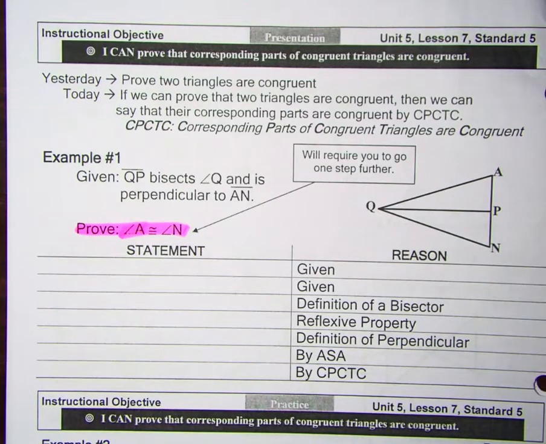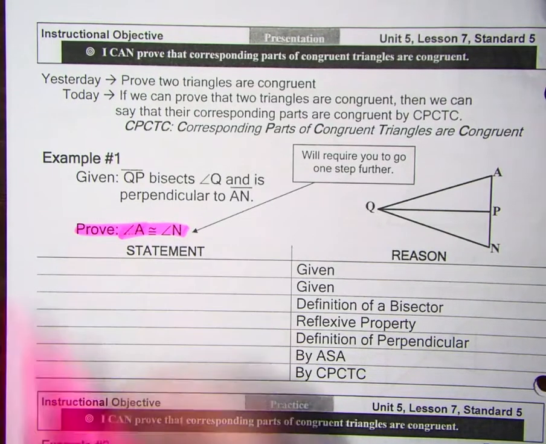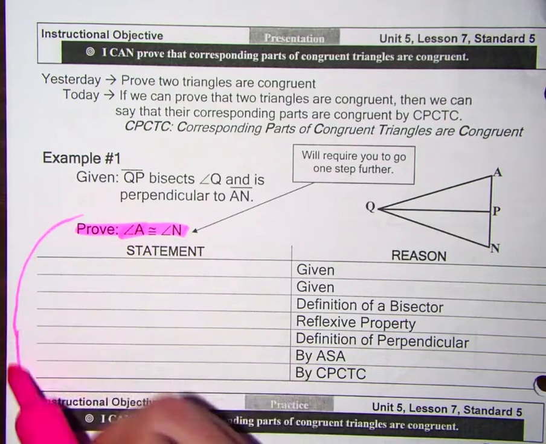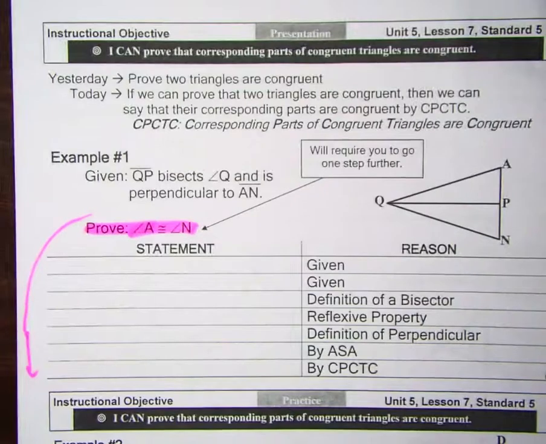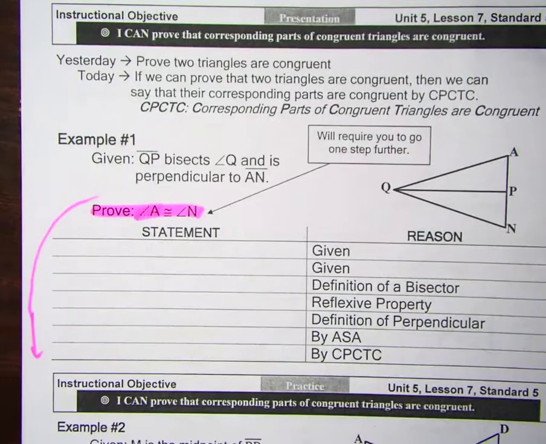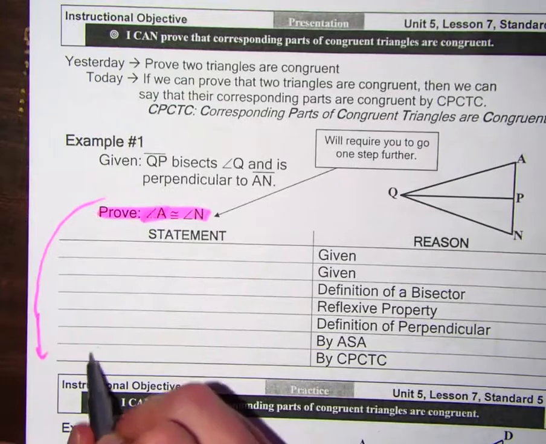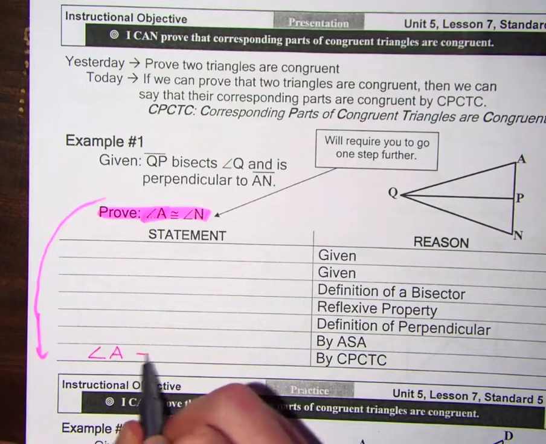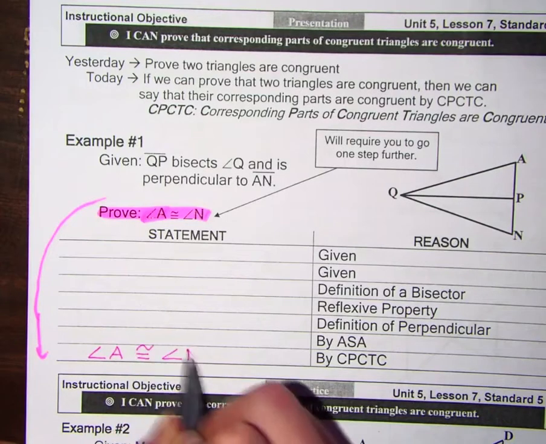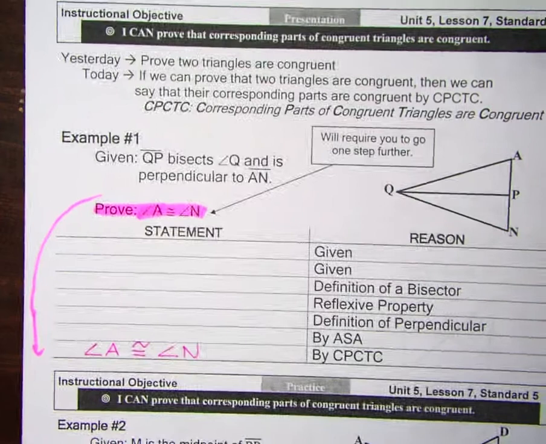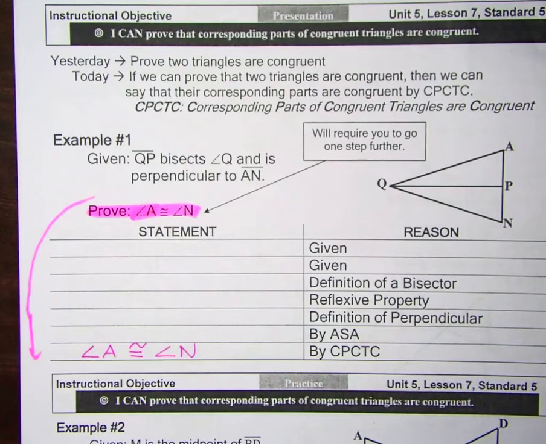We're going to go ahead and take that proof, and we're going to put it all the way down here at the end. It's the very last thing. There it is. And what's the reason why those two parts are congruent?